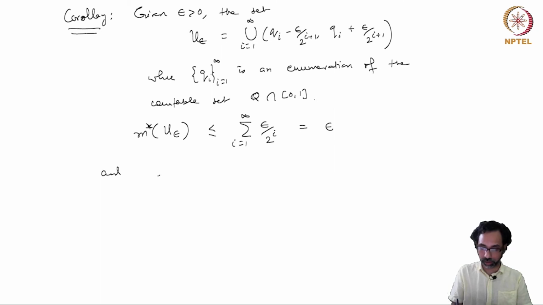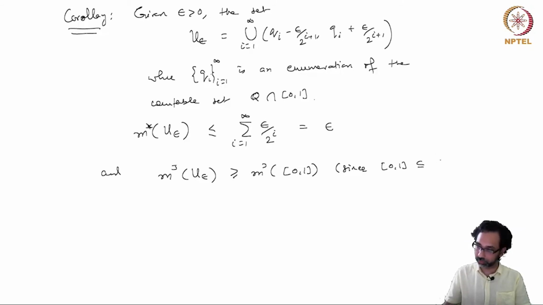And the Jordan outer measure of U epsilon is greater than or equal to the Jordan outer measure of [0,1], since [0,1] is a subset of U epsilon because the rationals are dense in [0,1]. So by monotonicity the outer Jordan measure of U epsilon is greater than or equal to 1, while the Lebesgue outer measure is less than or equal to epsilon.